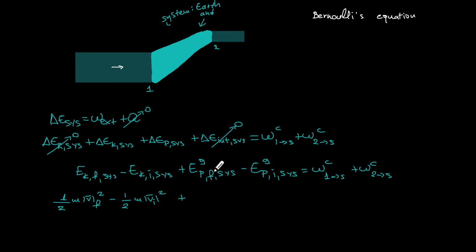We know that for the gravitational potential energy, we can model that as the mass times g times y final minus m g y initial.